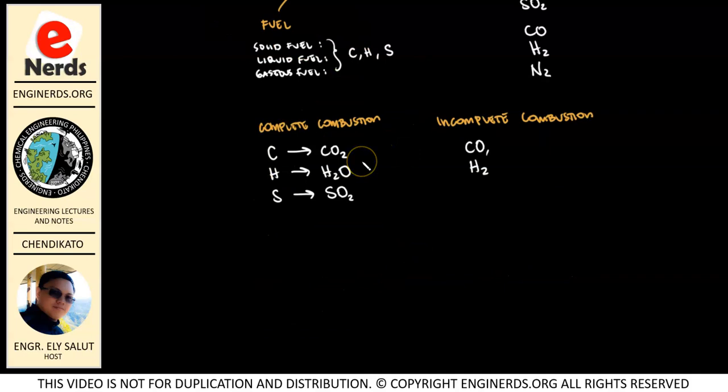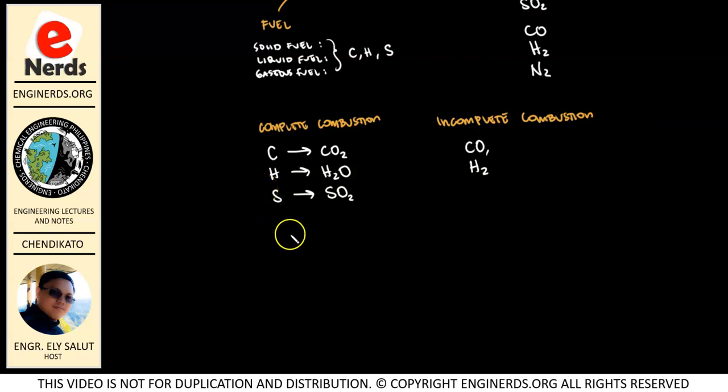Now, how are we converting itong mga combustible material natin into this chemical? No? For example, carbon to CO2, hydrogen to H2O, and sulfur to SO2. So we have to take note of the following chemical reaction kasi ito talaga yung gagamitin natin dito sa ating mga calculation.